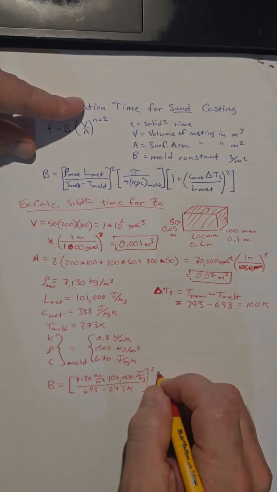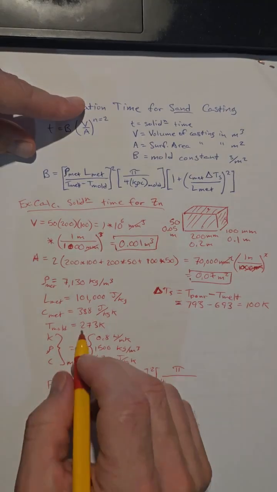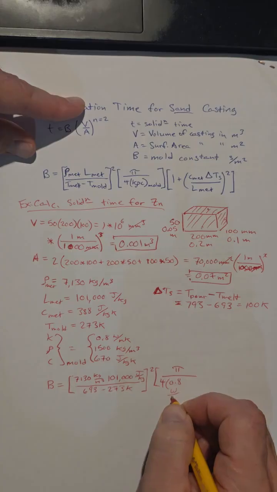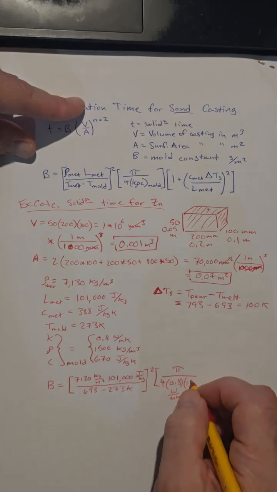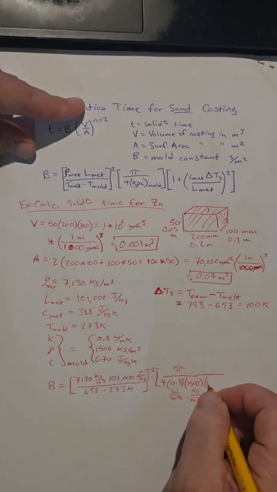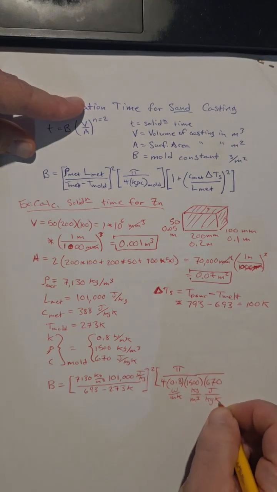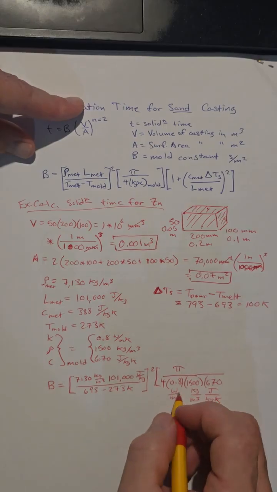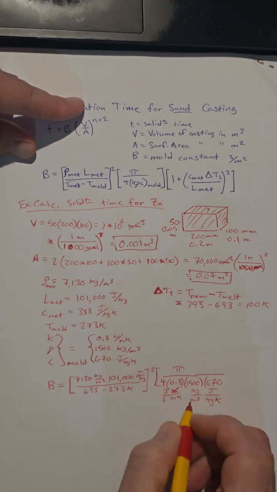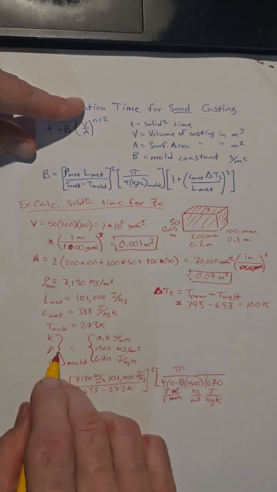That becomes squared, times pi over 4 K rho C: 0.8 watts per meter Kelvin, rho is 1,500 kilograms per meter cubed, and C is 670 joules per kilogram Kelvin. Something we should remember is that a watt is a joule per second. So now I have joule per second meter Kelvin for the thermal conductivity, the K value.